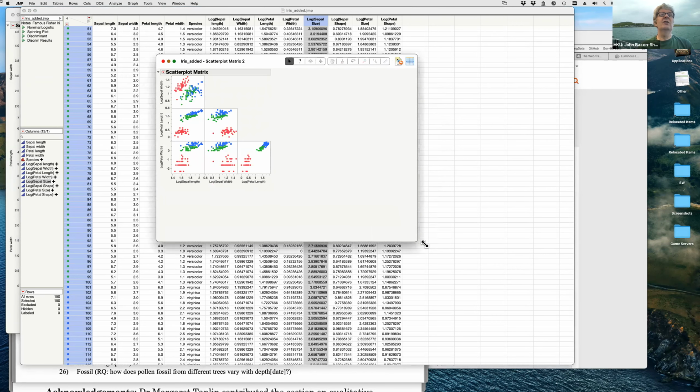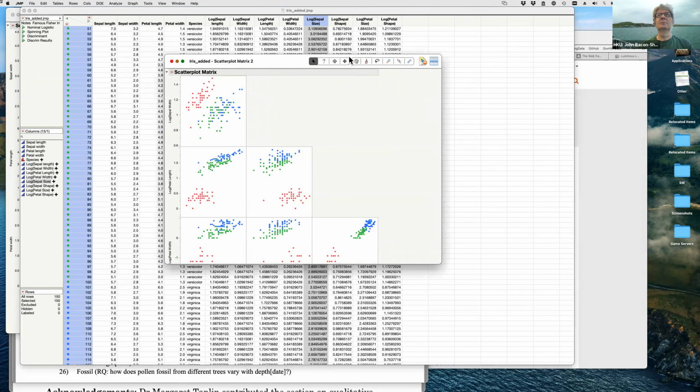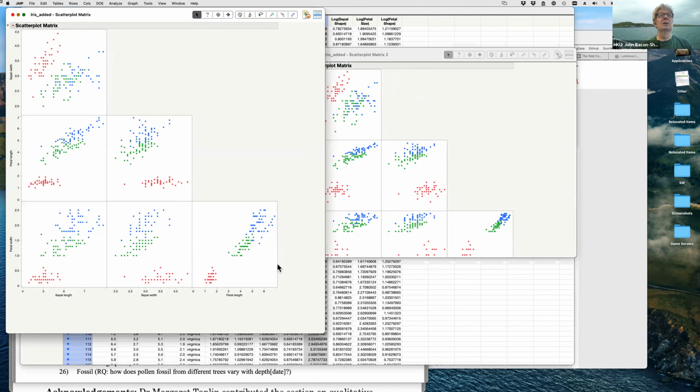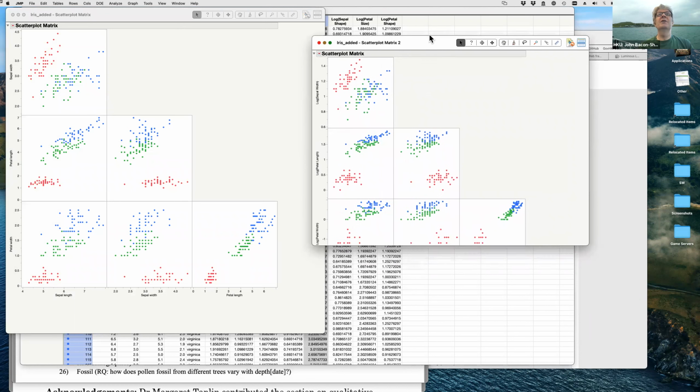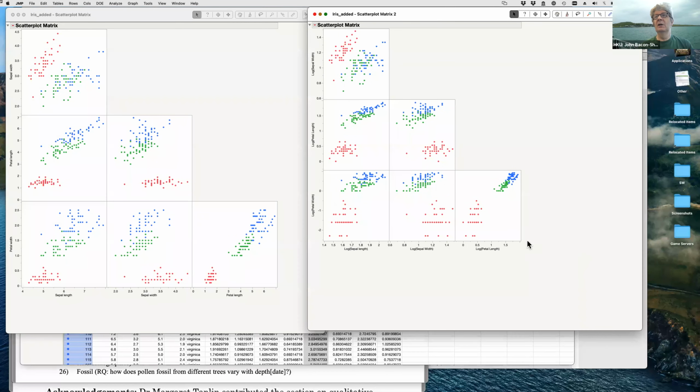This is just the sepal length and width, but on the log scale. Let me compare that to the other one, which was on the original scale. The only thing I've done between these two is a log transform.